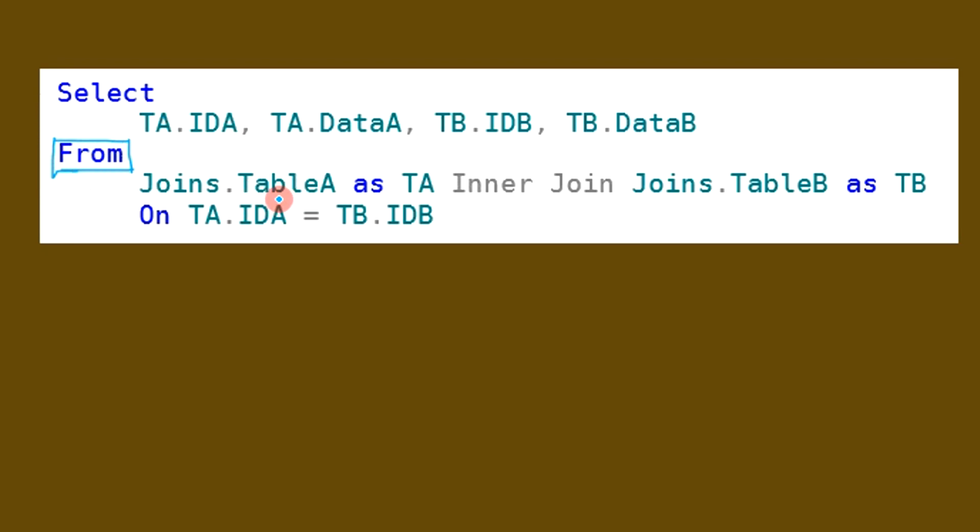And if you see, there are two tables involved, table A, table B. Here, these are aliases, as TA and as TB. Why? Because when we want to refer to these tables, instead of specifying the full name, we can use these aliases. All right. Two tables are specified here, and the type of join, if you see, is inner join.